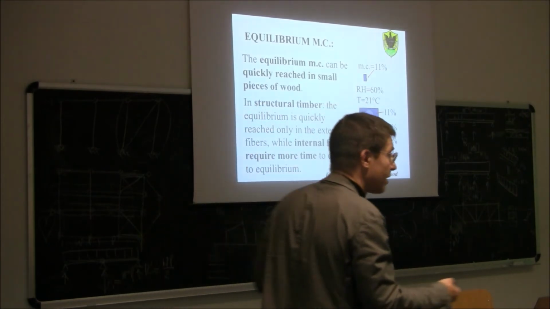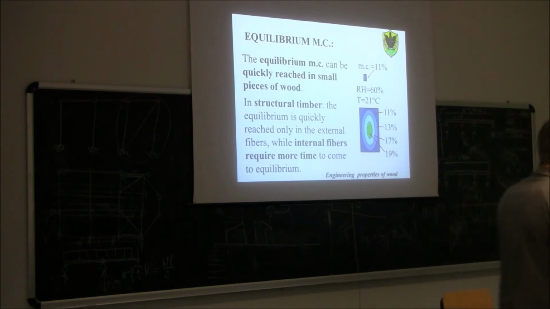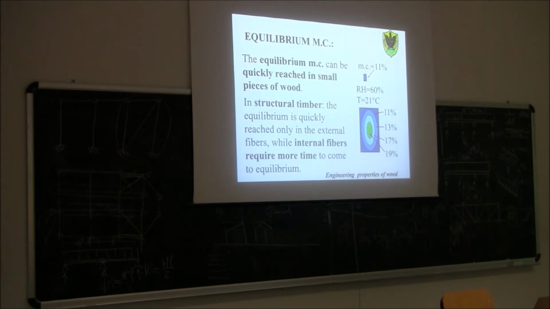Why not? Because there is a resistance of the wood against the moisture propagation across the cross-section. So you will find the equilibrium moisture content on the outer fiber, then as you go inside, you will tend to find higher values of moisture content.